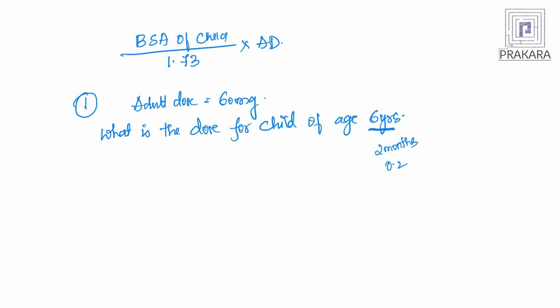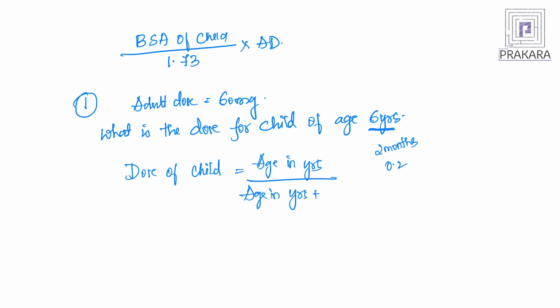So for this particular problem, when the adult dose is 60 mg, what is the dose of a child of age 6 years? Every time you solve a problem, try to write down the formula so that you will remember it. What is the Young's formula? Age in years divided by age in years plus 12, into adult dose.